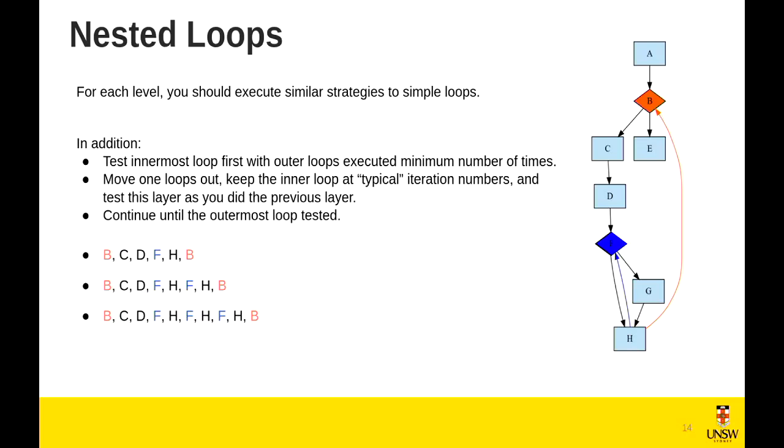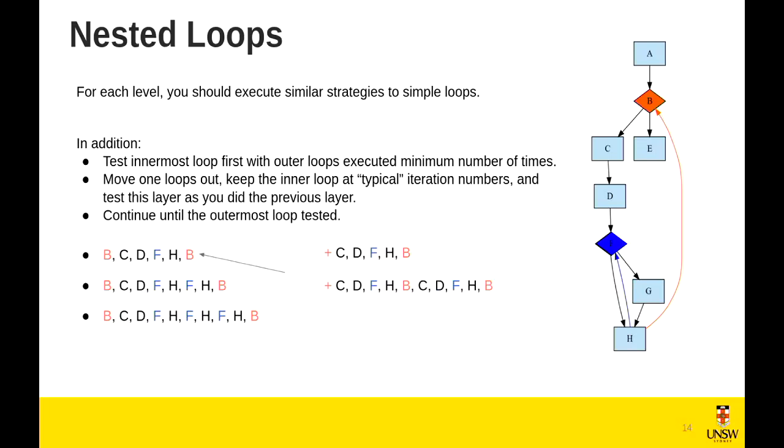And what we need to do is generate, let's keep the typical value here. Let's keep the inner loop executed for 0 times. What we can do is execute the outer loop maybe once.